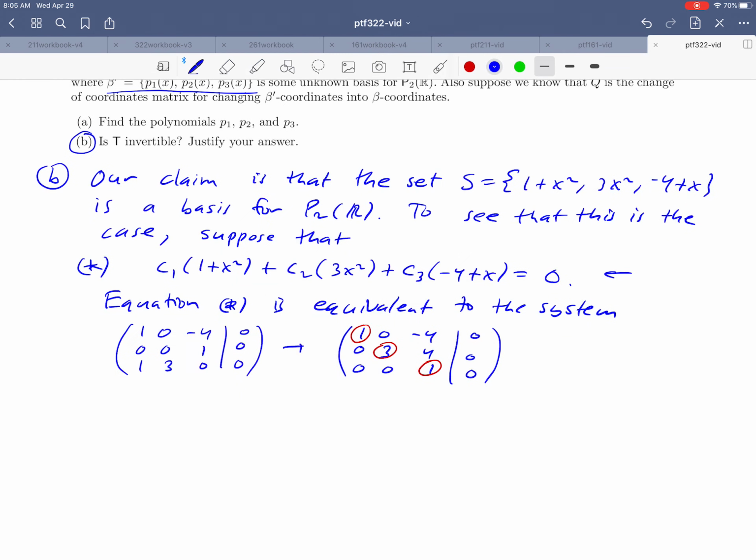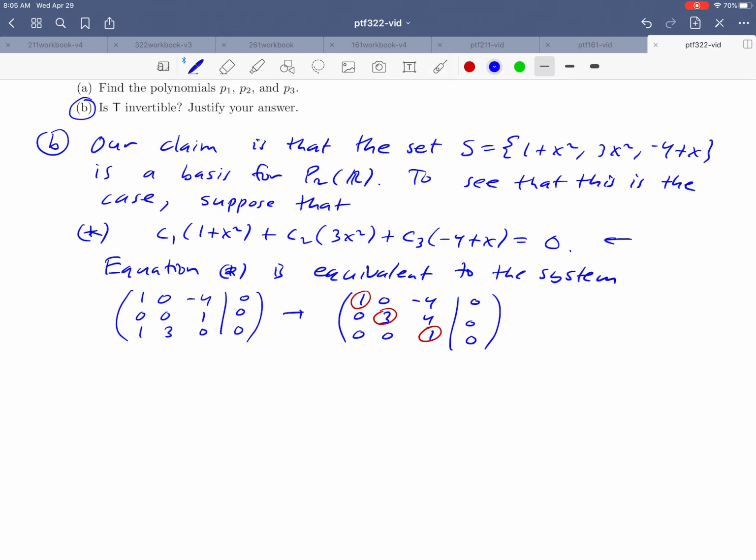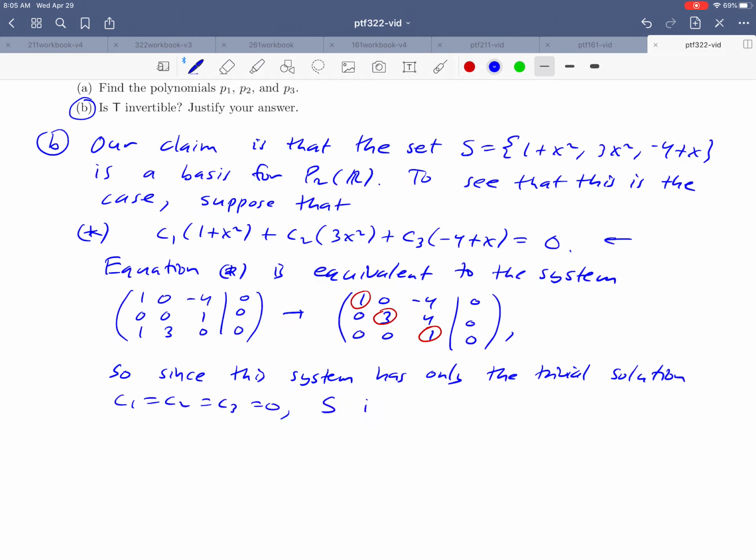We mentioned way back earlier in the course that if you set up this system and discover there are no free variables, then the only solution is the trivial solution, and that's equivalent to the linear independence of the vectors in the set S. So we might just make a remark: since this system has only the trivial solution, we know that the set S is linearly independent. So we're halfway to a basis.